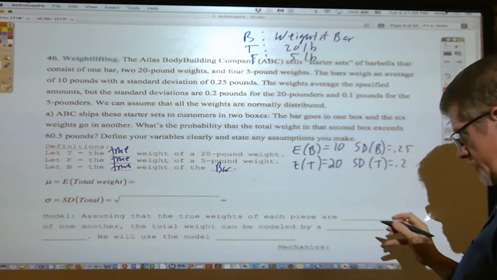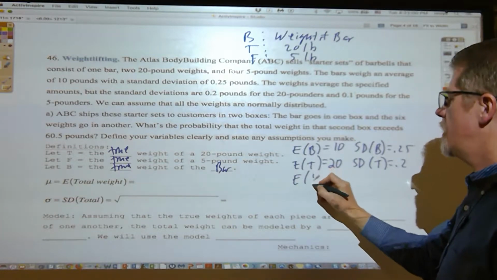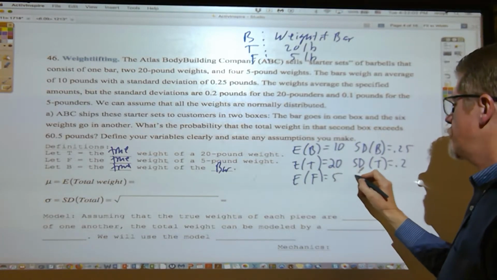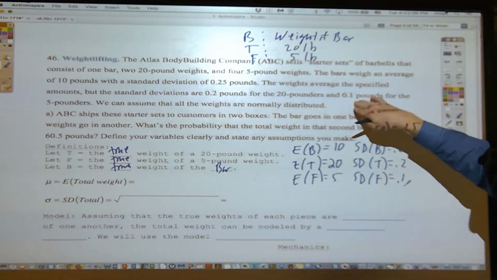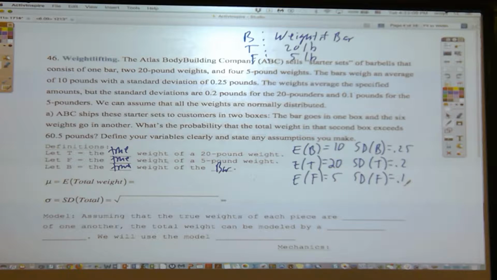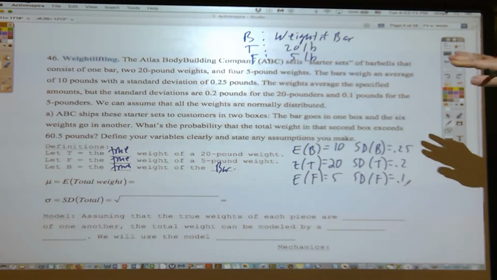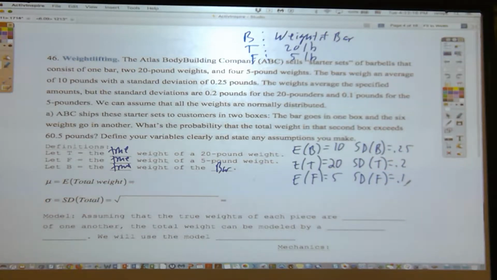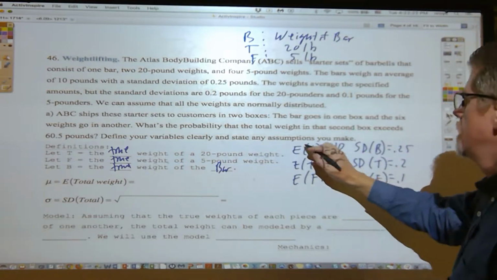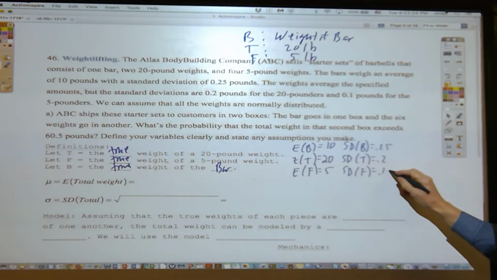The expected value of a 5-pound weight is 5, with the standard deviation of the 5-pound weight given as 0.1 pounds. Assume the weights are normally distributed. Okay, now they send them in 2 boxes. The bar goes in 1 box, the 6 weights go in the other. Because it's 4 of these 5-pound weights and 2 of the 20-pound weights. Okay. So let's find out what question they're asking.